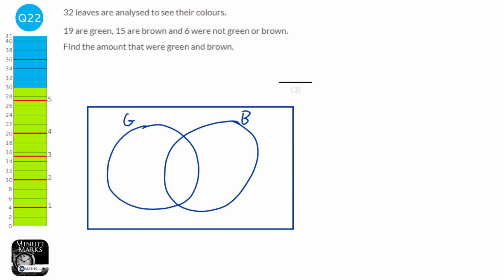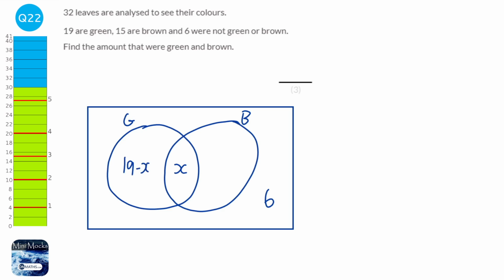So the only number we can put in is the 6 on the outside of the Venn diagram. We're told that 19 are green, but we don't know which, either they're in here or a bit of both. So what we can do is we can label the center X, and we can say that there are 19 take away X just green, because they could have been both green and brown.